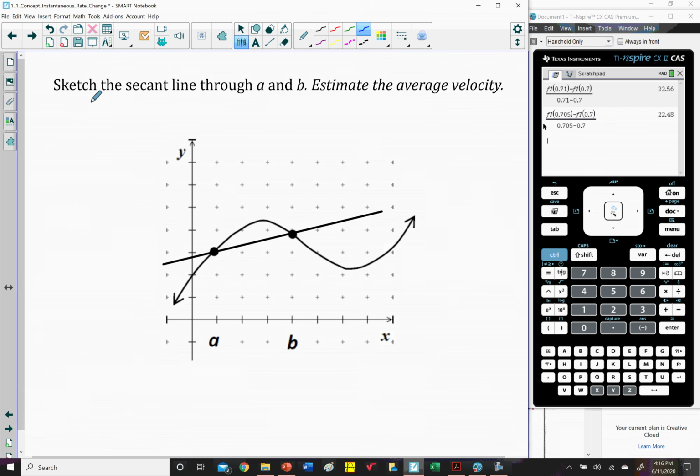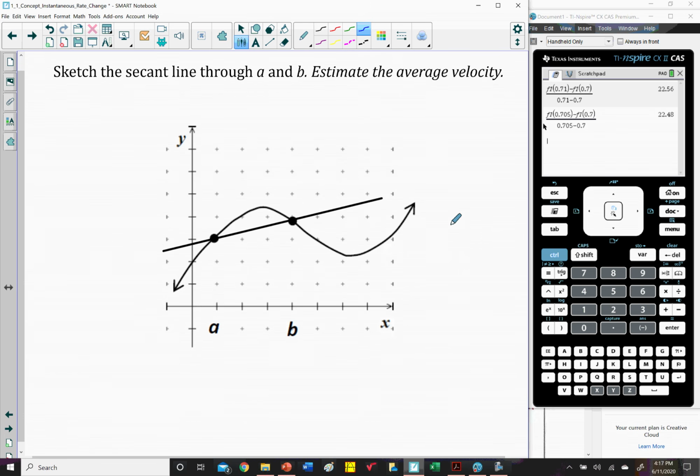So graphically, if we sketch the secant line, I've already done that on my example. You can stop and do this on your example. We want to estimate the average velocity, and I'm going to use this point here, which is (1, 3), and the other point at B, which is (4, 4), and here's my secant line.